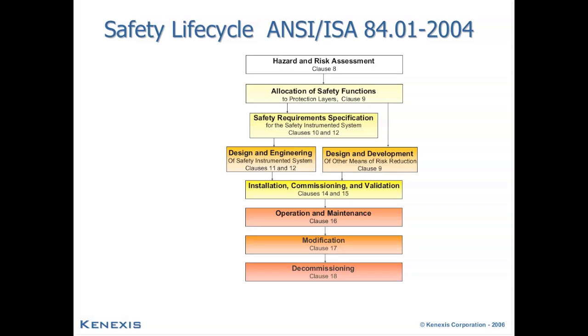Along the way, we need to allocate protection layers or safety functions, which is really the heart of selecting a safety integrity level for your safety functions. It's picking your SILs.